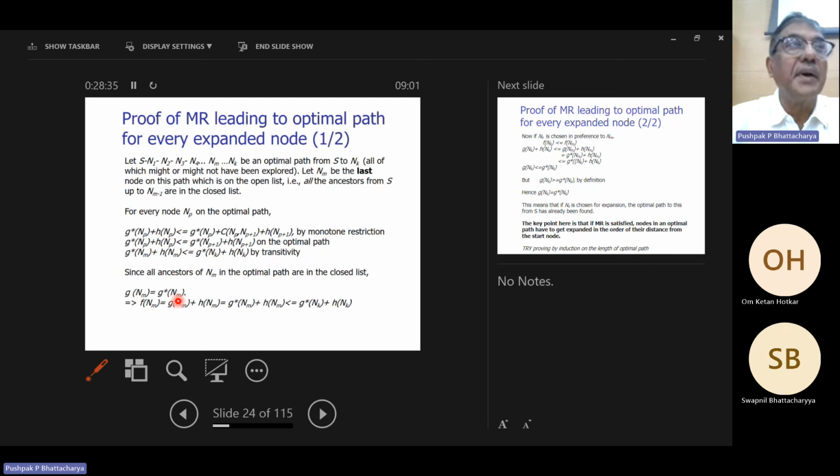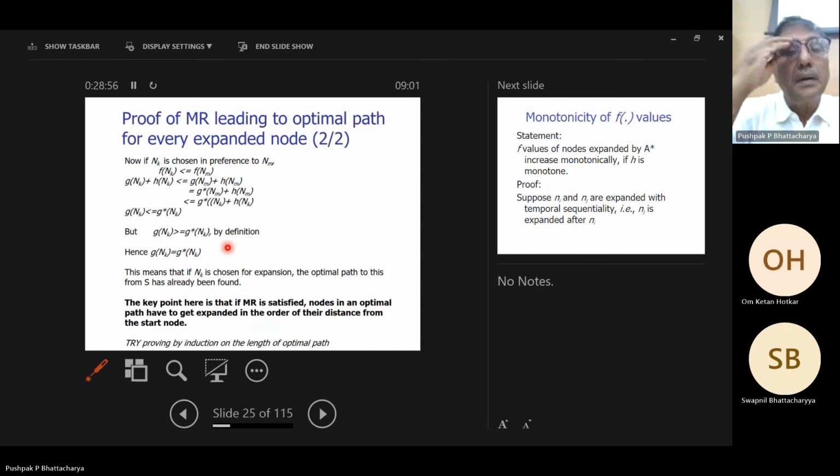That is by observation. This implies that Fnm, which is equal to Gnm plus Hnm, is equal to G star nm plus Hnm, which is less than or equal to G star nk plus Hnk. This is because of the previous observation, which is by transitivity.